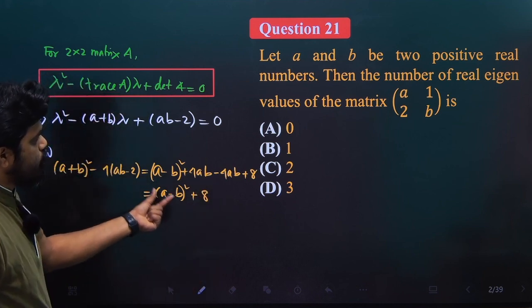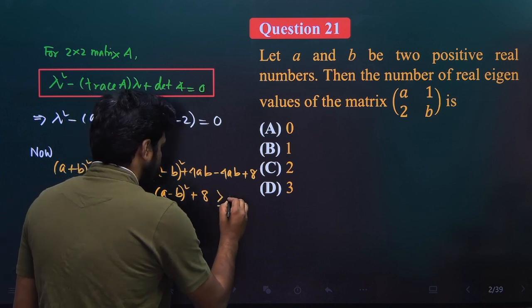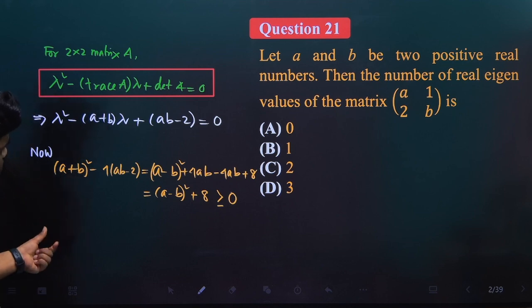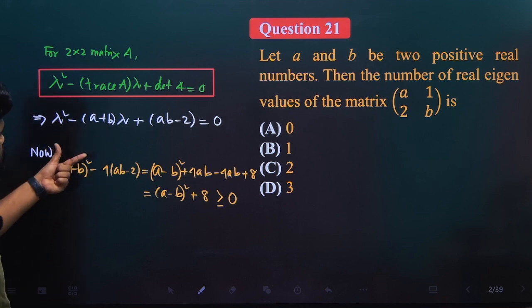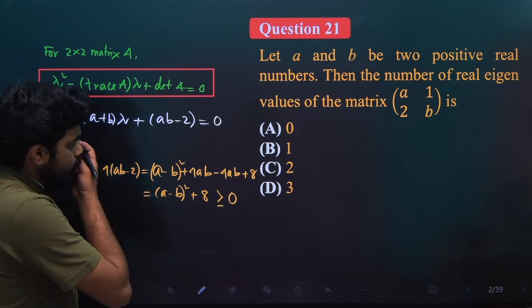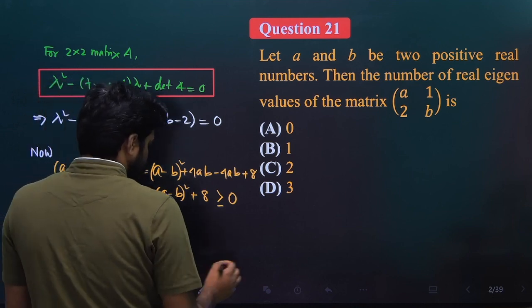So a square term is always positive, so this is always positive. So we see that b square minus 4ac is greater than or equal to 0. So that means this equation has real and distinct roots. Okay, ঠিক আছে?